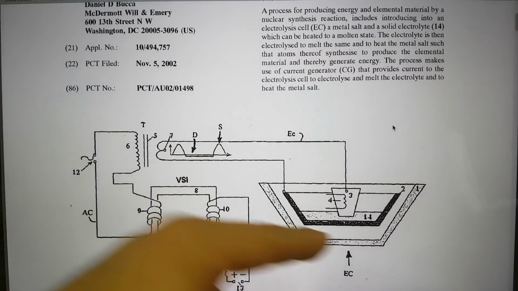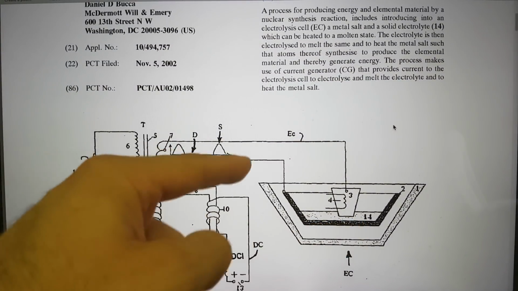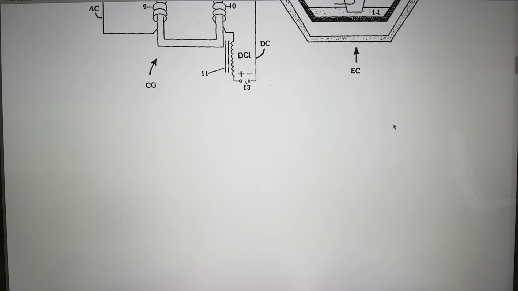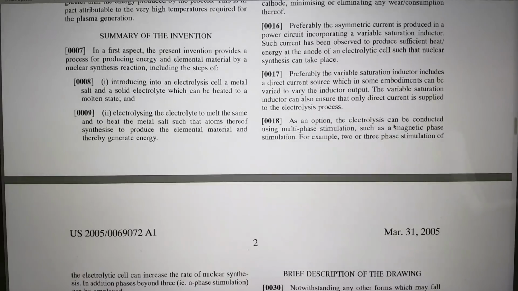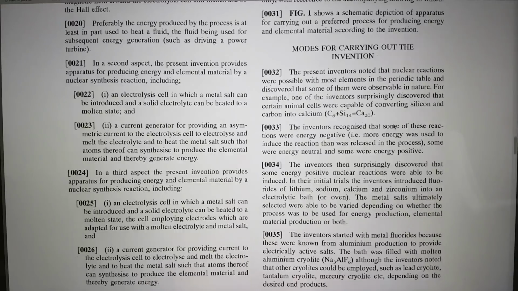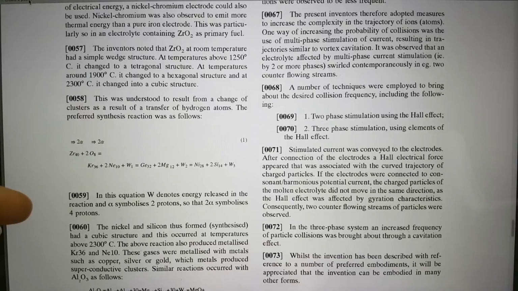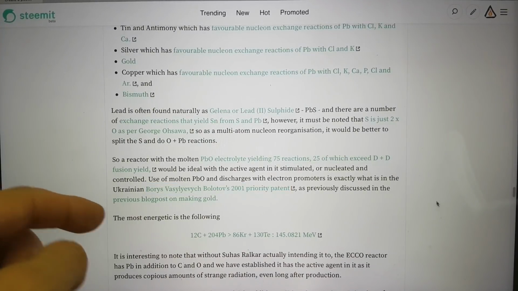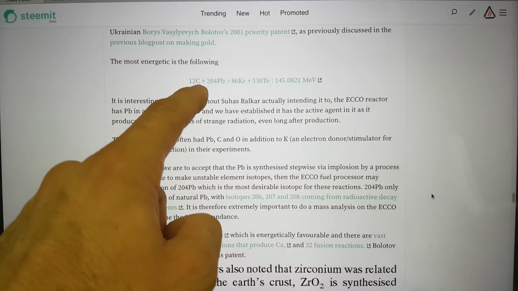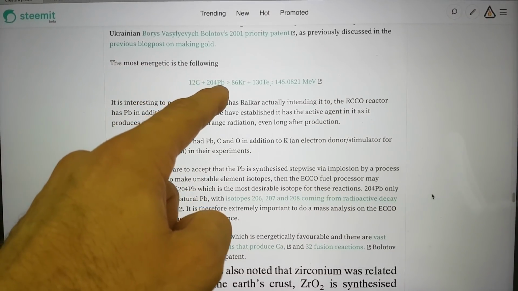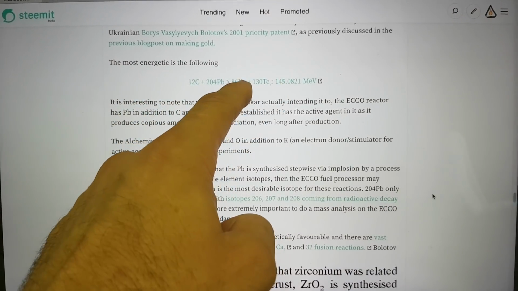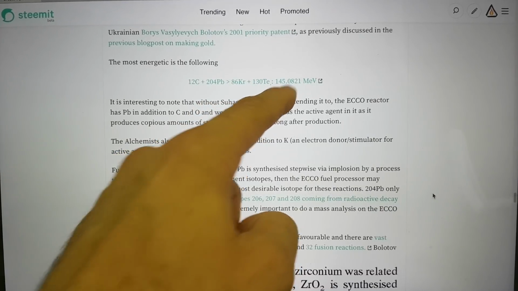So here it is. He's warming it up. He's doing discharges. These are the pulses, and if you go into it, he does suggest using lead oxide in there. The most energetic reaction is 12 carbon plus 204 Pb goes to krypton and tellurium here.